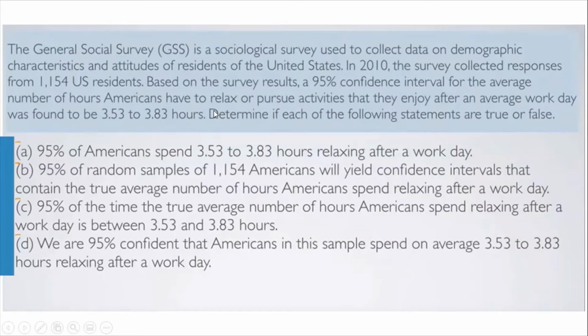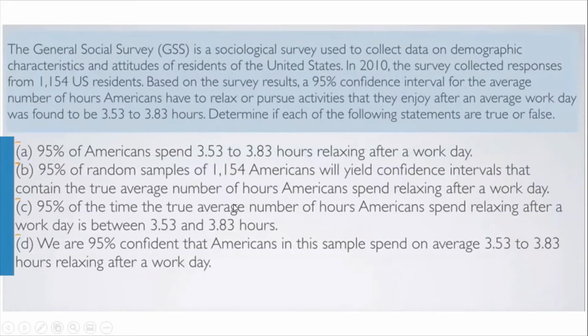Let's take a moment here and try to determine if each of the following statements is true. We have A, B, C, and D. A: 95% of Americans spend 3.53 to 3.83 hours relaxing after a work day. B: 95% of random samples of 1,154 Americans will yield confidence intervals that contain the true average number of hours Americans spend relaxing after a work day.